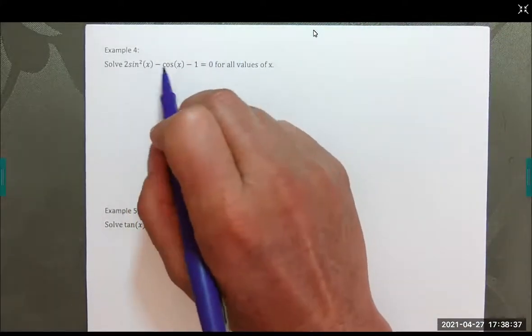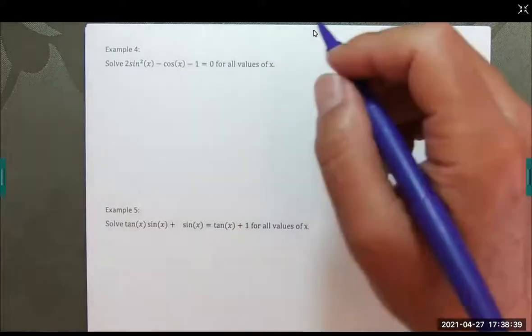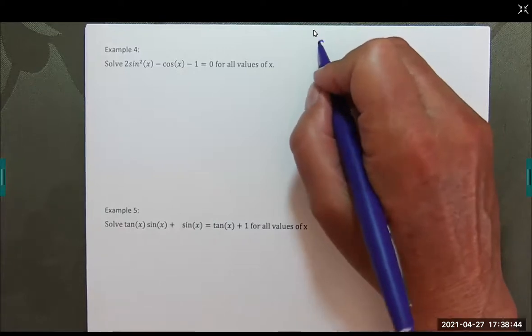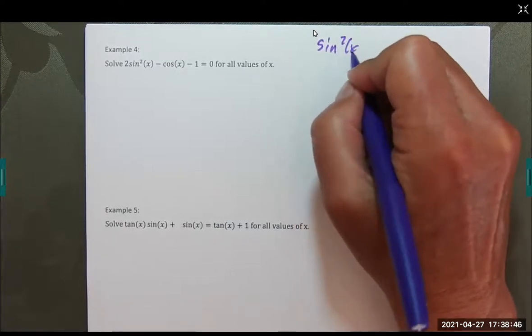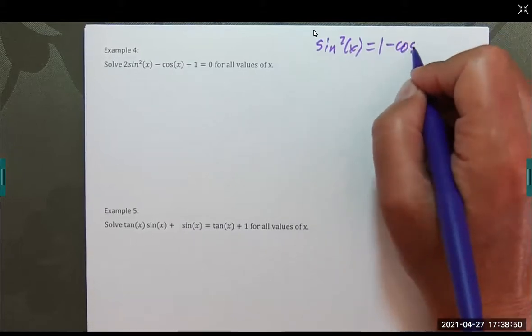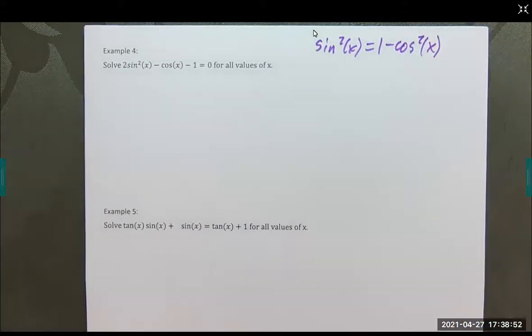I can't have a sine and a cosine mixed like that for this type of problem. So I'm going to use my Pythagorean identity and rewrite sine squared x as 1 minus cosine squared x. This comes from sine squared x plus cosine squared x equals 1. I just subtracted the cosine squared x from both sides. So here we go.